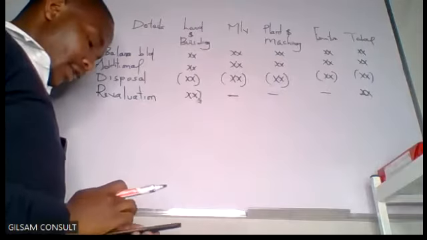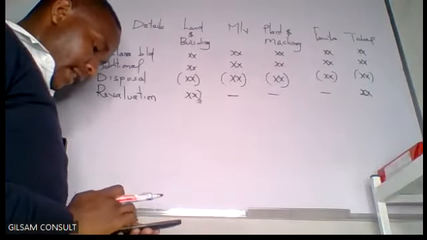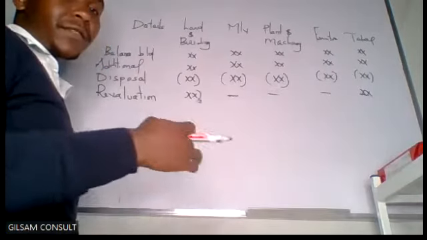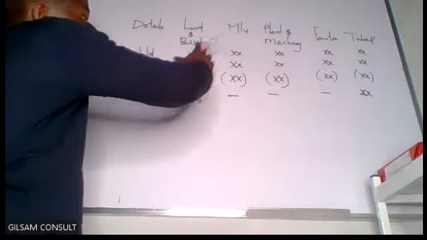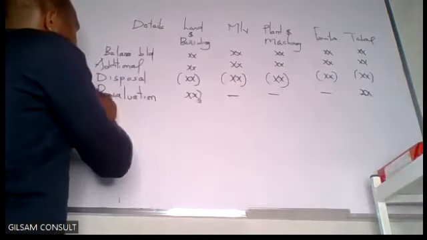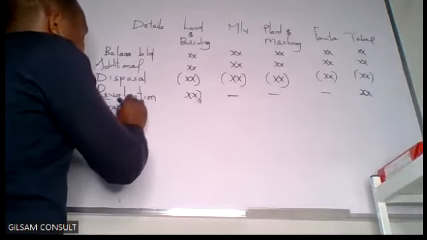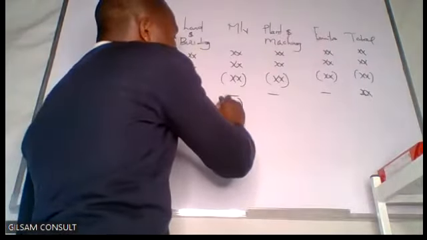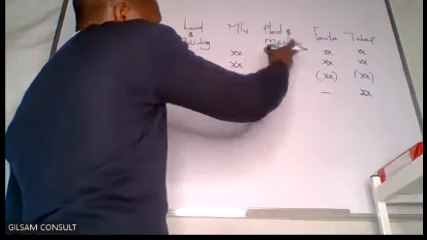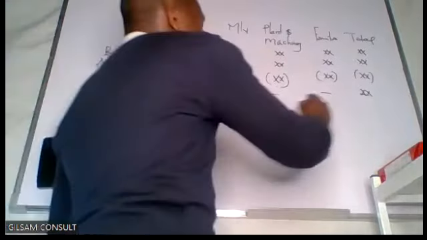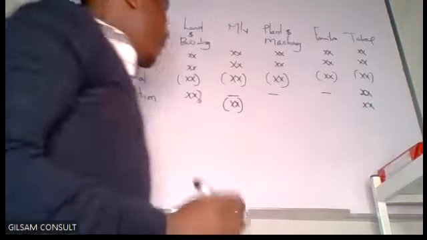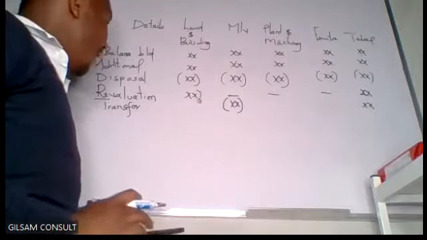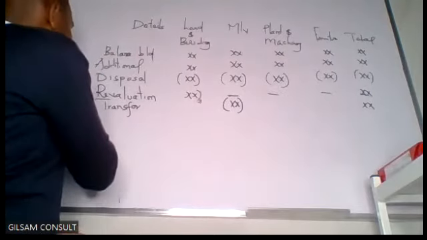Once you have the revaluation, you may have a plant or asset you want to transfer from one place to another. So there is what is called transfer. If you are transferring a motor vehicle, we will be removing this motor vehicle and maybe we can put it under another asset. So that at the end you will have the balance carried down.